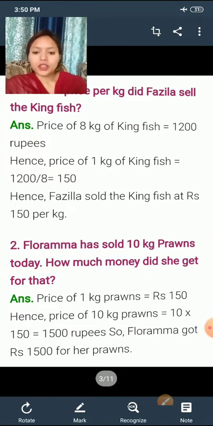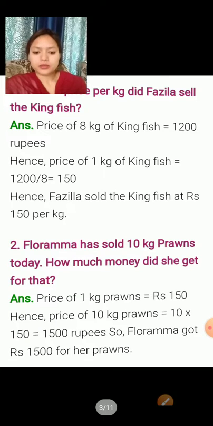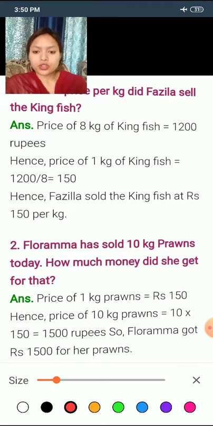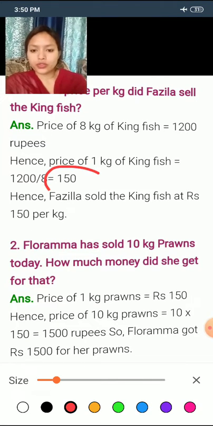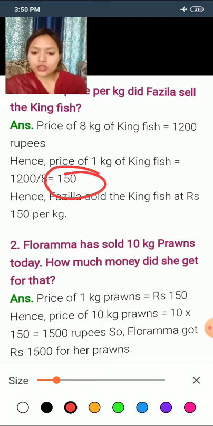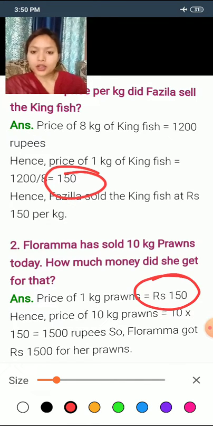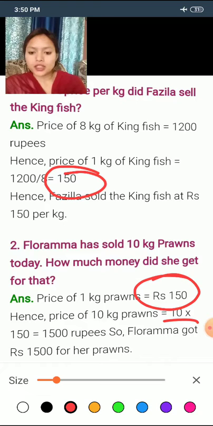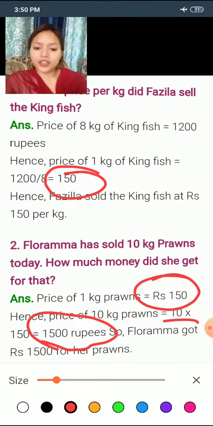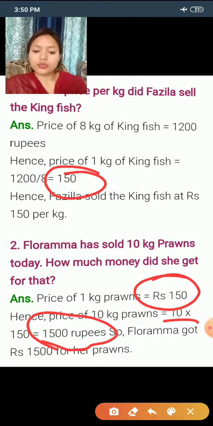Look here, the cost of 1 kg prawn is 150, and you have to find for 10 kg, so you will multiply this by 10 and you will get the answer 1500 rupees. So she will earn 1500 rupees. Now let's move to the next question.